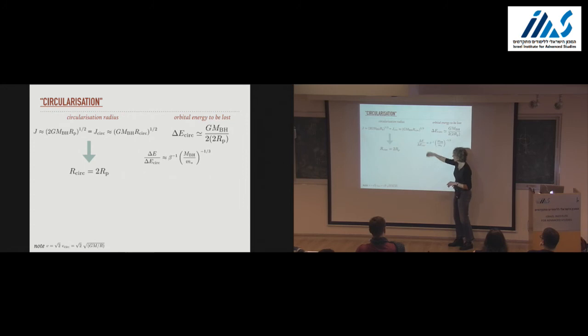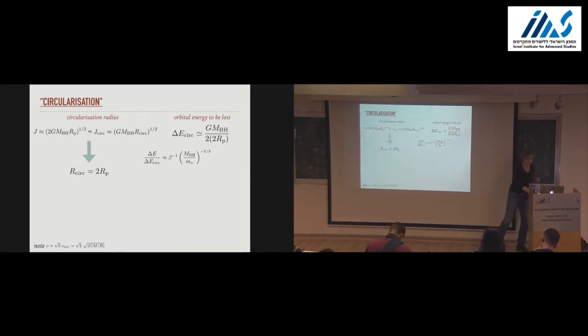But if you take the ratio, you see that the initial orbital energy of the stream that you calculated divided by the circularization energy is the mass ratio to the minus 1/3. You plug in the usual numbers and you get 1%. Okay?